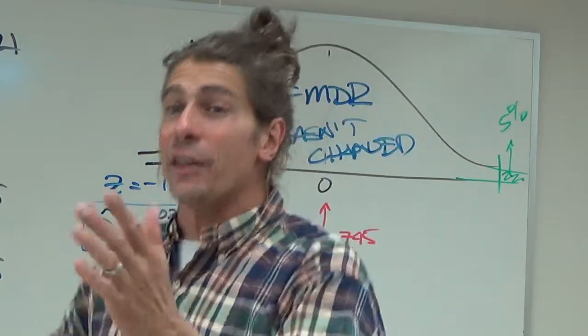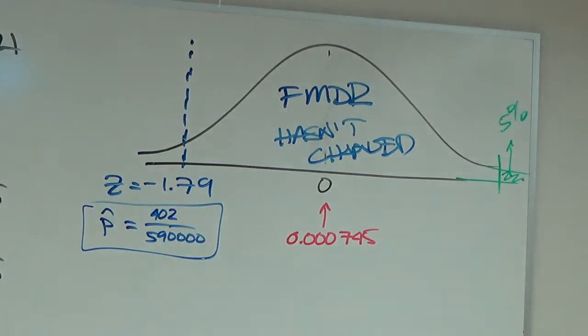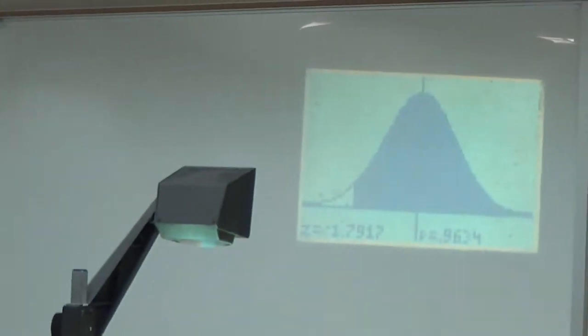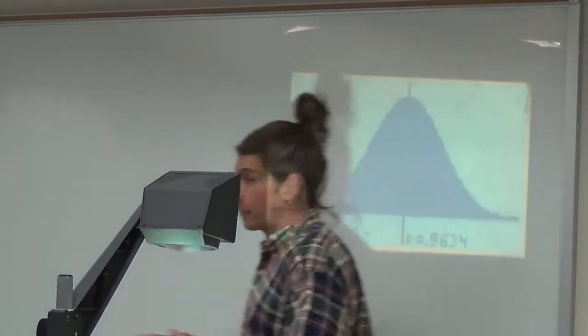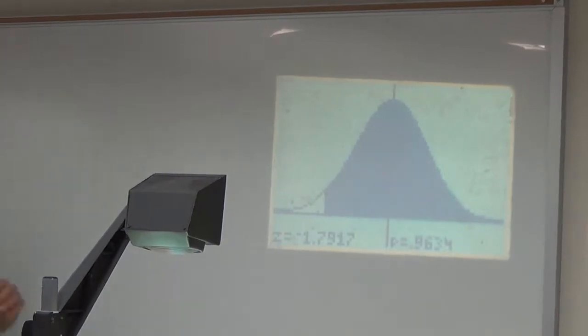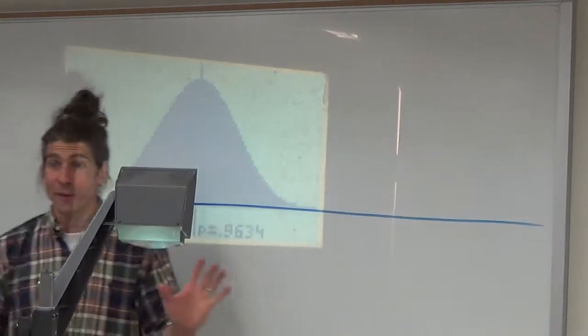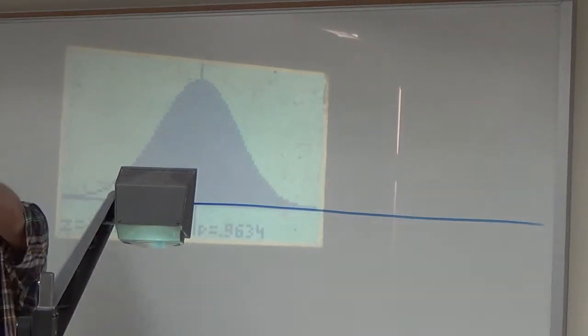So essentially, the only way this could be an error, think of it this way. Actually, I'll put this here, and I'll put this here. So would that be a type 1? No, you got a big p-value. The only way this could be in error is if the motorcycle death rate did in fact go up and you missed it, right? That's a type 2.